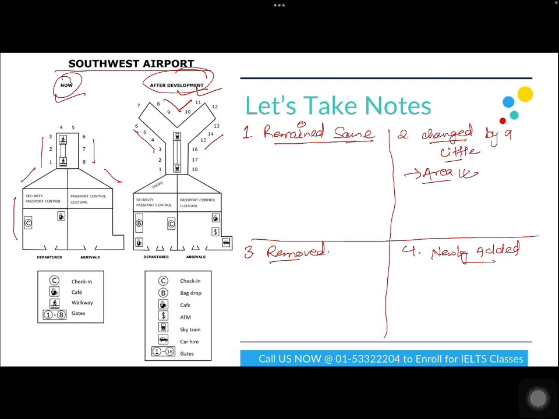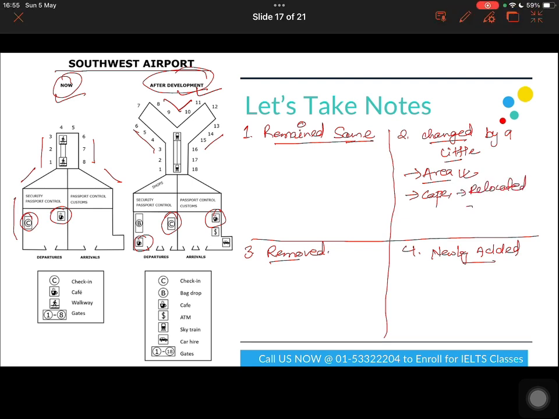Now, if we look at the check-in and the cafe, which were there before, they are still there, but again, these are also things that have changed by a little because they have been relocated. The cafe has been relocated and also doubled in number, while the check-in has also been relocated.